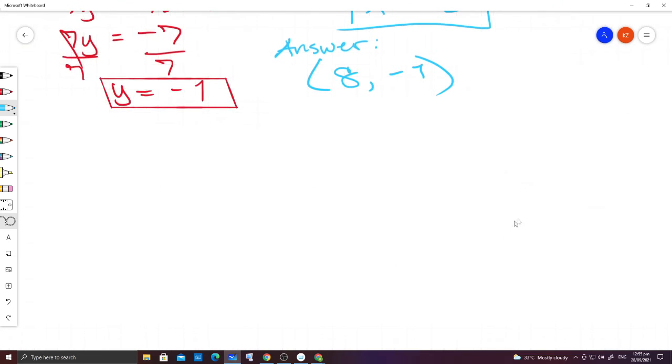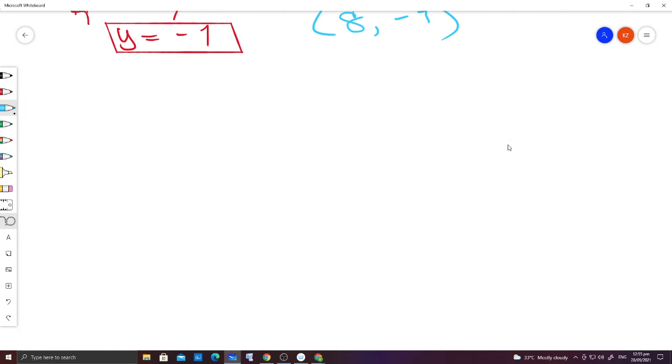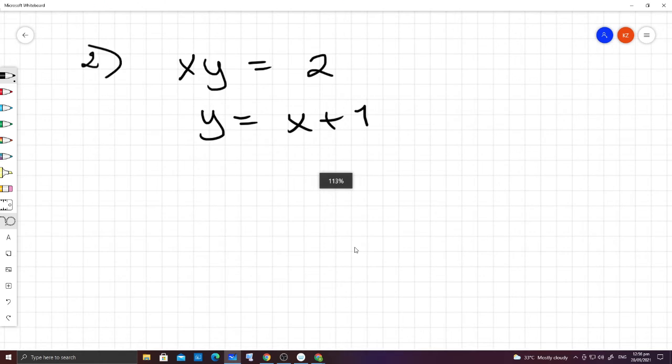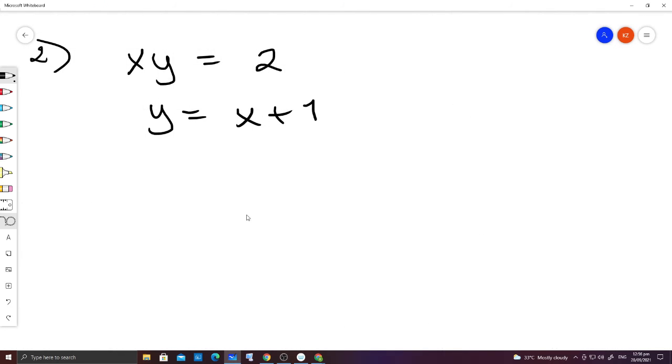Okay, next one. Now let's try number 2. So xy is equal to 2, then y equals x plus 1. This one is easier because we have set already y equals x plus 1.